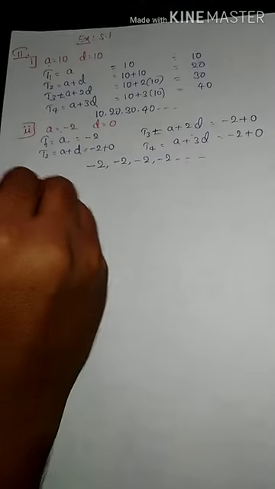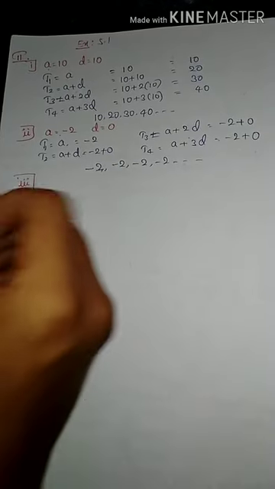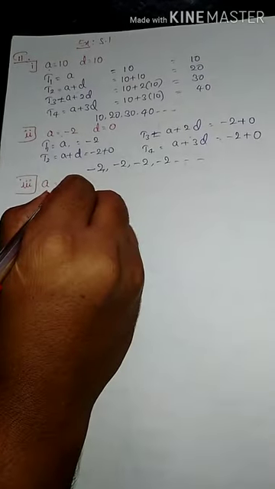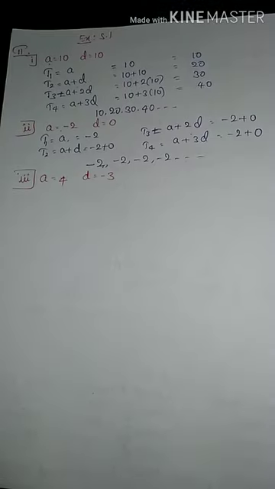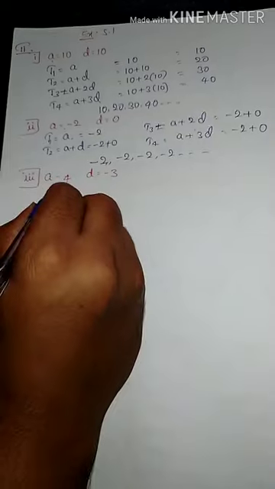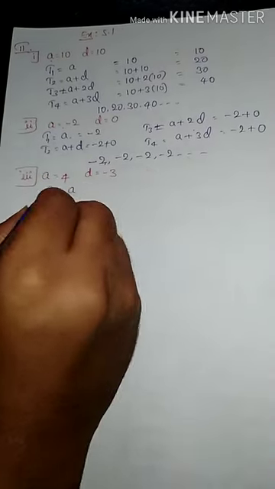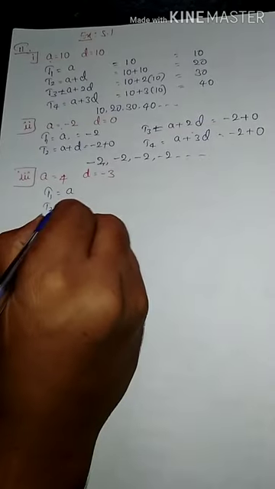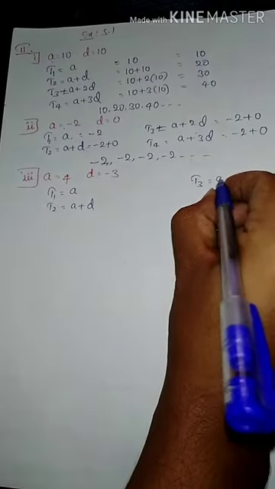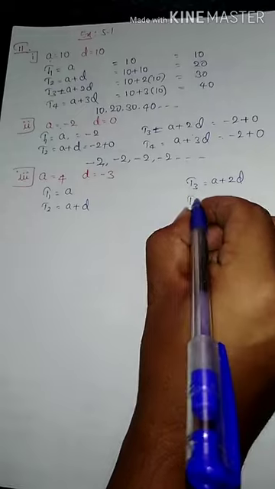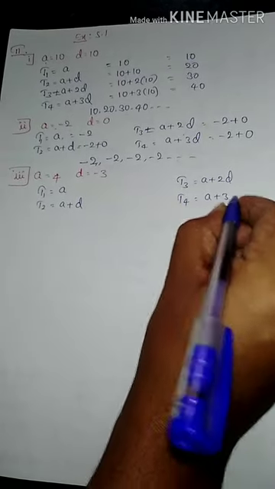The next, third one: the first term is 4 and the common difference is minus 3. Then in the arithmetic progression, T1 is equal to A, T2 is equal to A plus D, T3 is equal to A plus 2D, T4 is equal to A plus 3D.